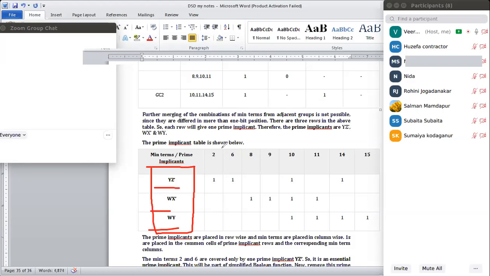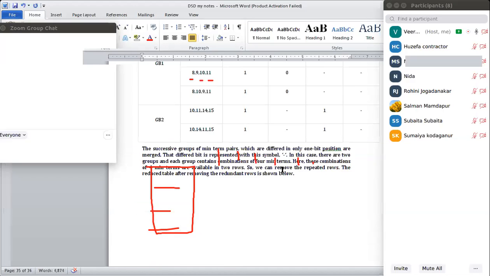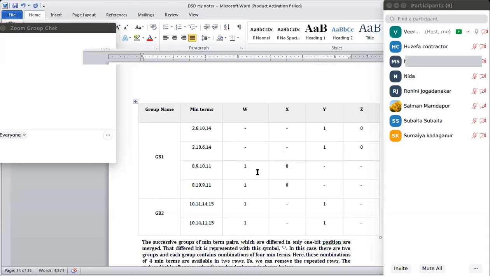And these terms, 2, 6, 8, wherever I have got a one, 8, 9, 10, 11, all these functions I'm writing column-wise. This is the fourth step. Now, let us go for the fifth step.